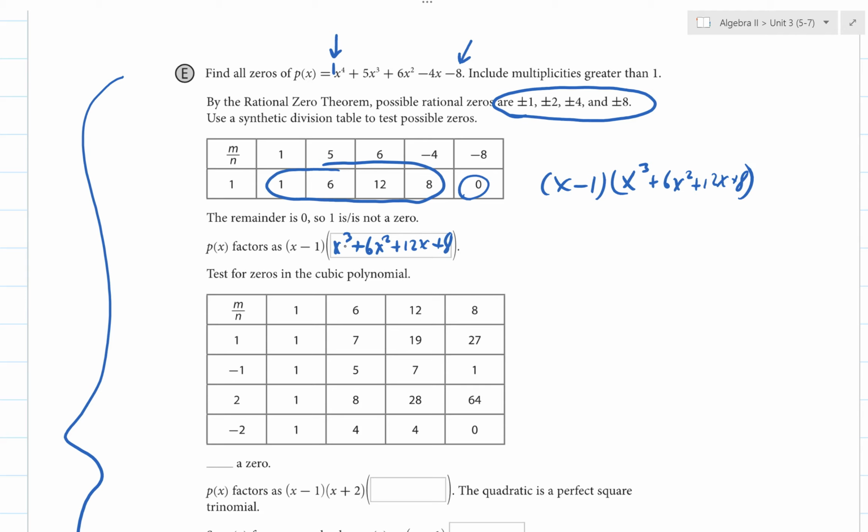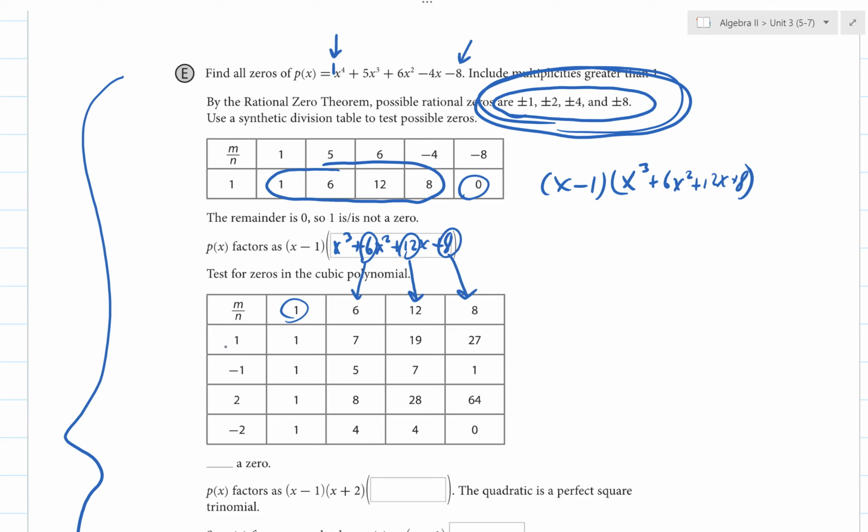But we can continue on with the list of possible rational roots that we have up at the top, but our numbers change because now we've reduced it to a cubic. So I just take these coefficients: 1, 6 came from here, 12 came from here, 8 came from here. And so we repeat the process, but we use our new coefficients now.